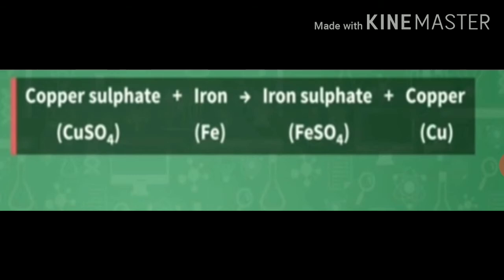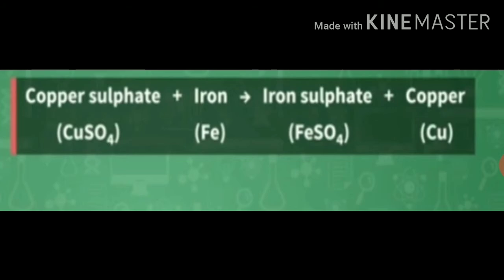This change takes place because iron metal displaces copper metal from its compound copper sulfate. It is the copper metal set free from its compound which forms a red-brown layer on the surface of the iron nail. So now let's talk about the reaction.